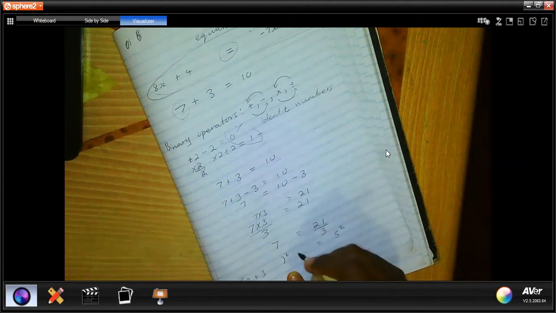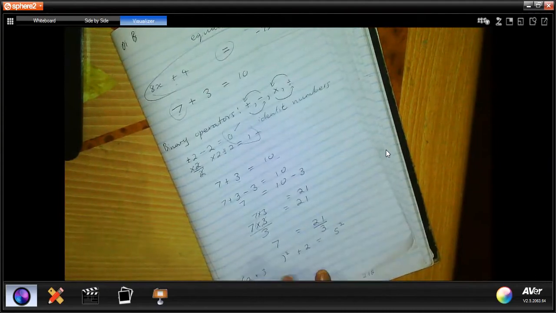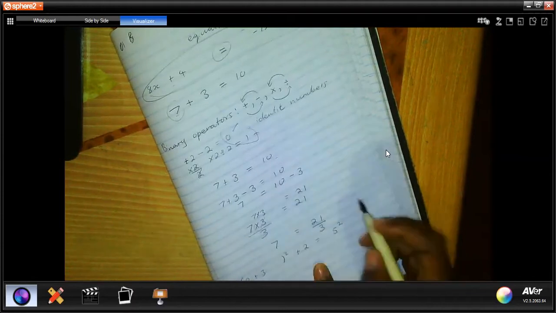So if you're going to add 2, you add 2 to the whole side. This is the left-hand side. This is the right-hand side. When you're adding on the left-hand side, you have to add on the right-hand side.